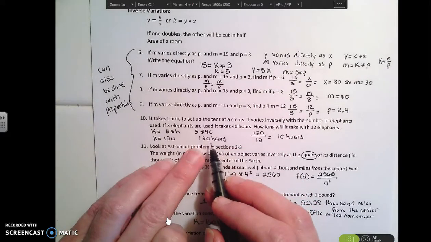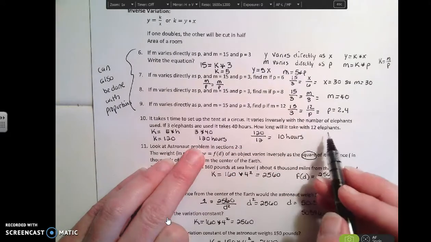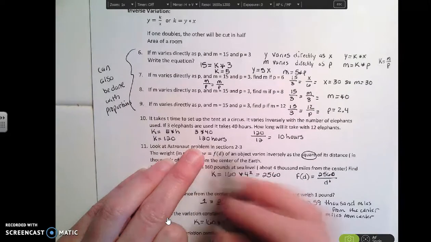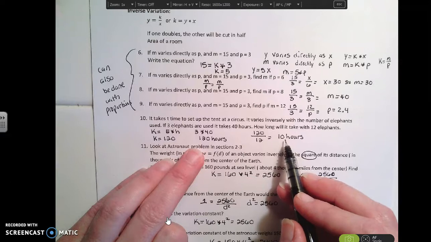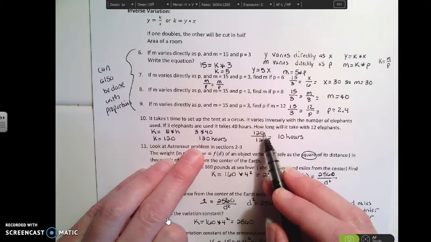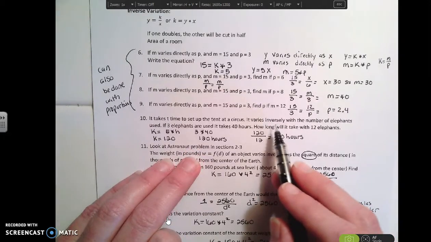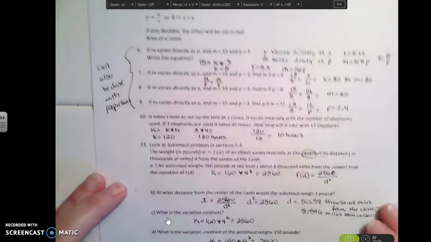If I have more elephants, it's still going to take 120 hours, but each elephant is going to be able to do more work. So I can figure out how many hours it would take with 12 elephants, which should be less. So 120 divided by 12 means 10 hours. So this is what we refer to as inverse variation.